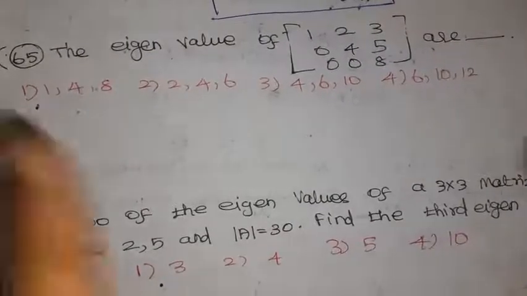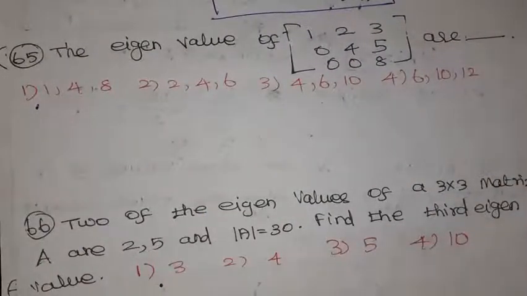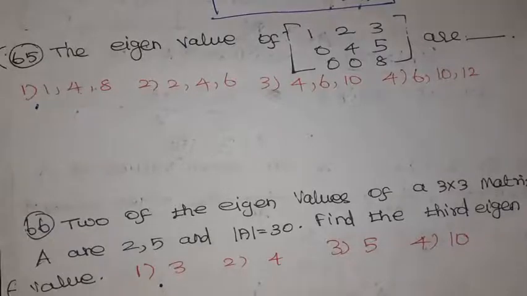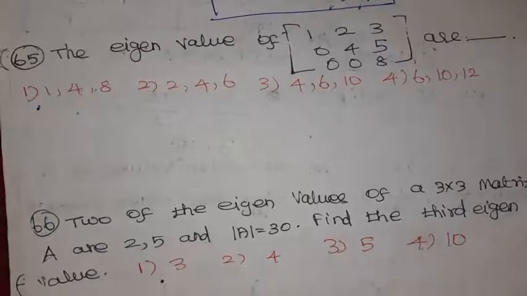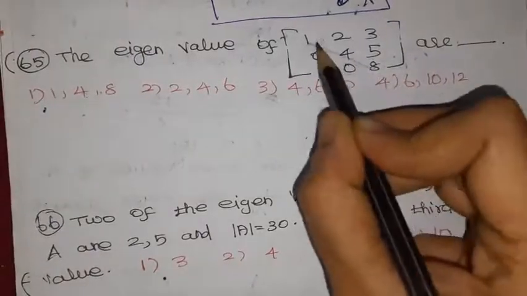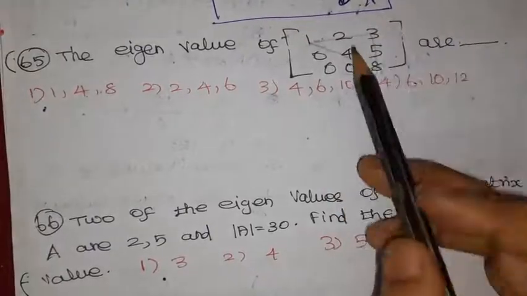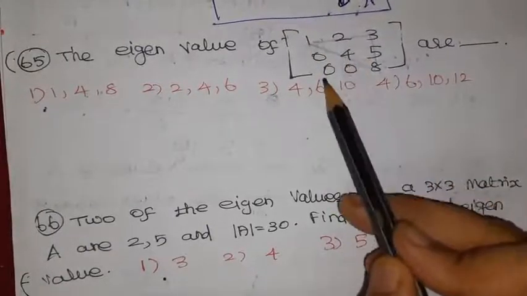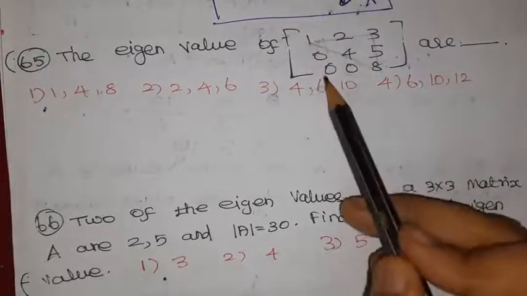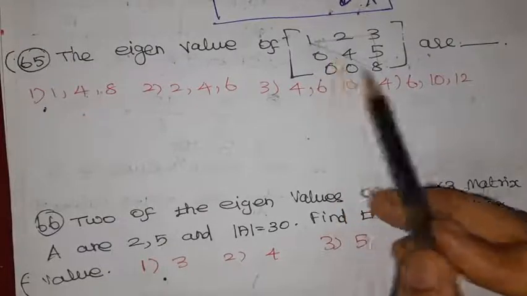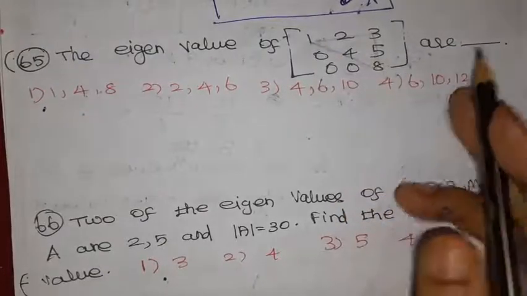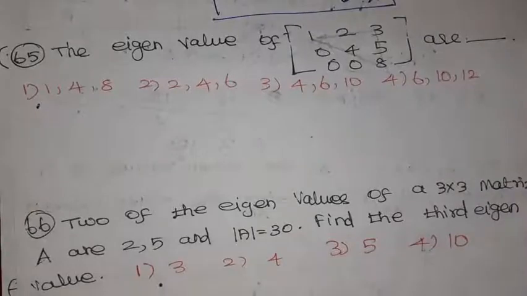Then question number 65. The eigenvalue of the given matrix. See, it is a triangular matrix, an upper triangular matrix. The remaining part below the upper triangle, the elements are 0. As I said earlier, it is also one of the properties of eigenvalues.